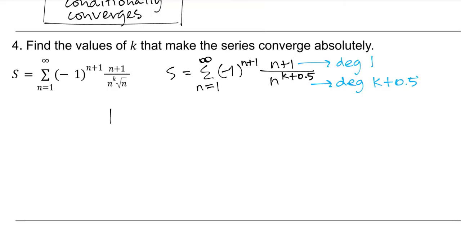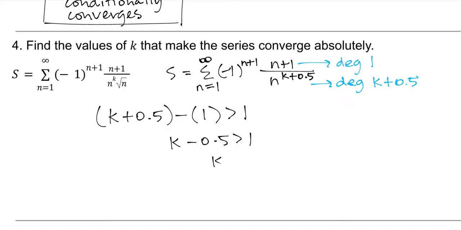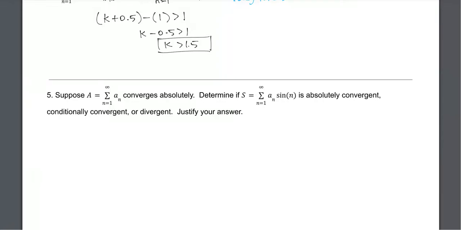Okay, so k plus 0.5, the power on the bottom minus the power on the top, has to be greater than 1. So that's k minus 0.5 greater than 1. Yeah, k greater than 1.5. That's what I was thinking, but it seems obvious now, but I was just kind of having doubts about it. And we were having doubts, so let's just solve for it algebraically.